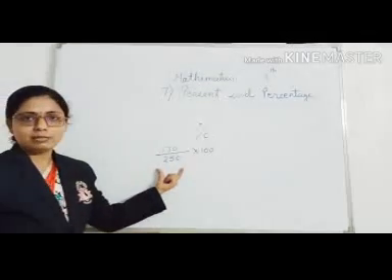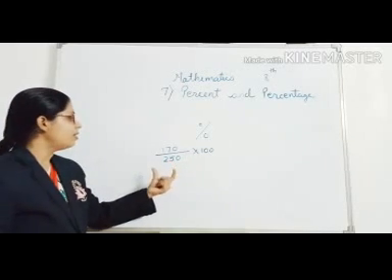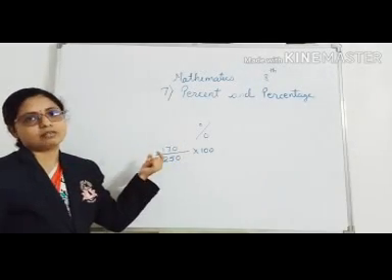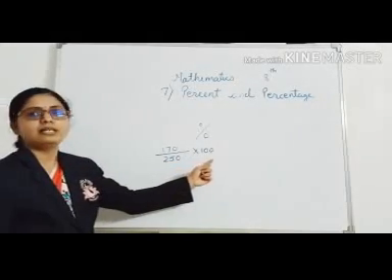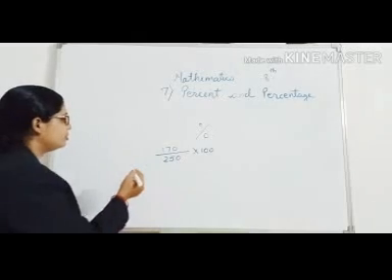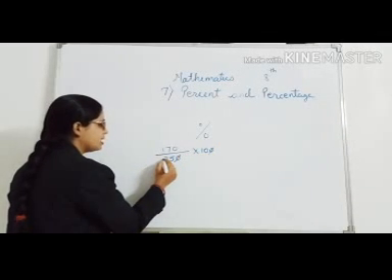So the maximum marks we write in the denominator, and whatever marks are scored, we write in the numerator, multiplied by 100.